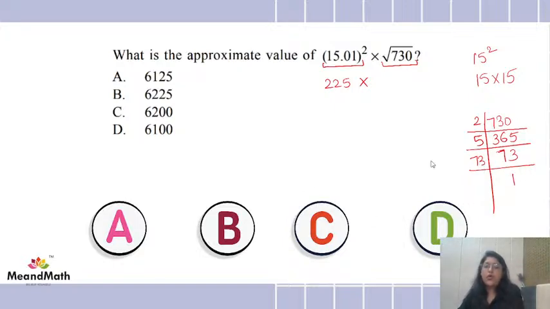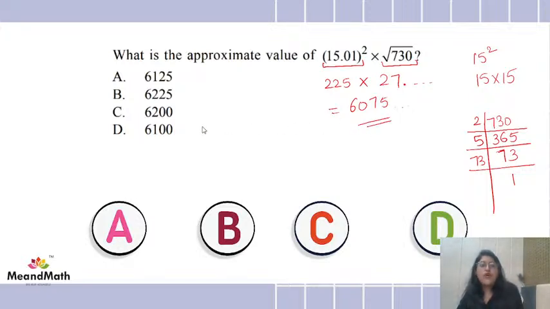So from this we can say that the square root of 730 is approximately 27 point something. Very good, Dhanushika. So we will get 27 point something here. And when we multiply both, you will get something around 6075, something like this.